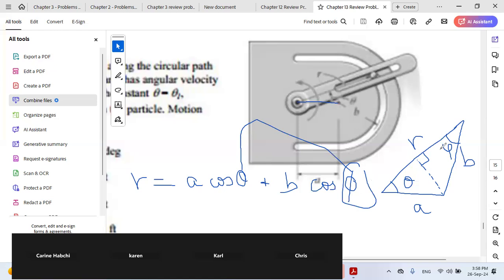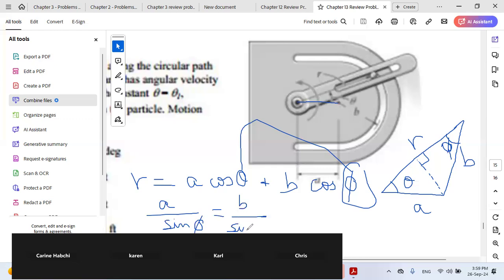To relate them, I use the sine law. In this triangle I have A over sine phi equals B over sine theta.